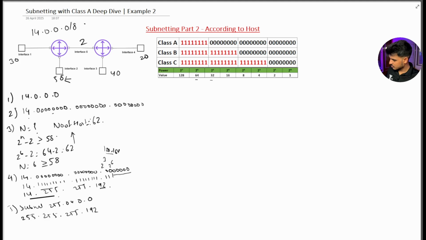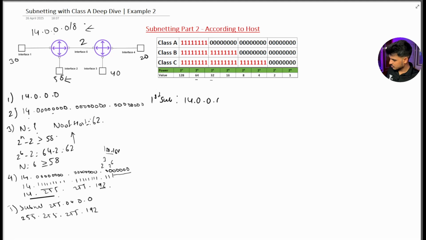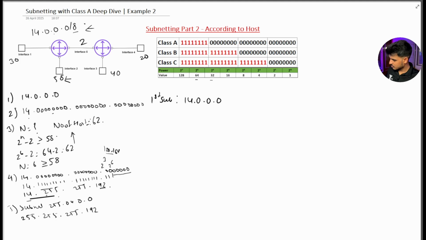What will be its first subnet ID? It will always be similar to its network ID, which is 14.0.0.0/8. So we write 14.0.0.0, but here 8 bits are given to network, and in our scenario the first 8 bits, then again 8 bits and again 8 means 24 bits, plus 2 more bits are given to network, so it will be /26.